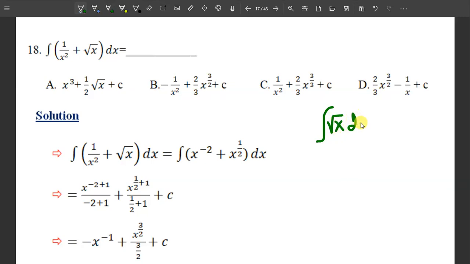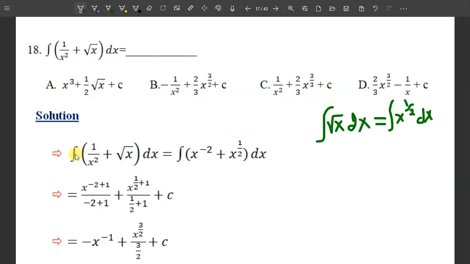The integral of radical x dx can be rewritten as such. Remove the radical and write the resulting expression as a power function, and then apply the rule of integration, indefinite integral.